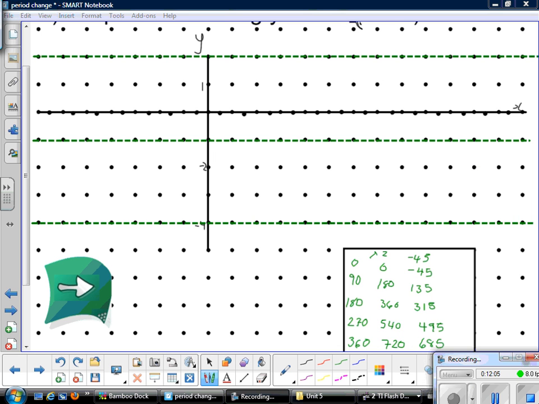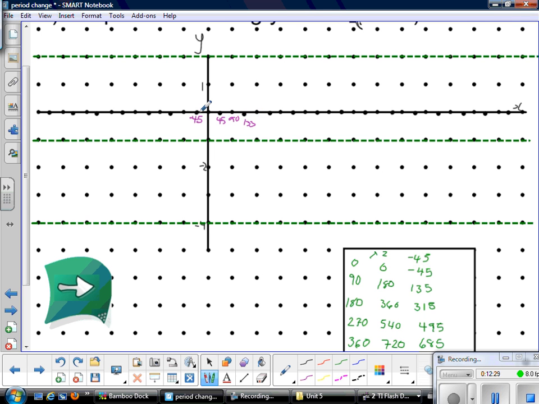And so that means I would start with negative 45. Negative 45. That means this would be positive 45. The next one would be 90. The next one would be 135. Now this is what I usually do.